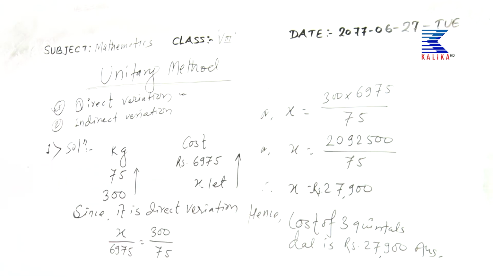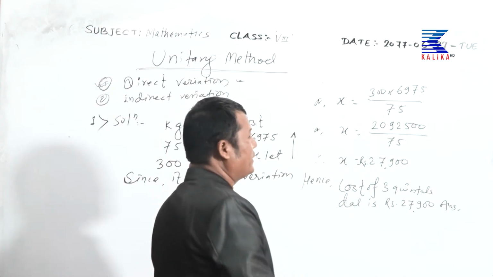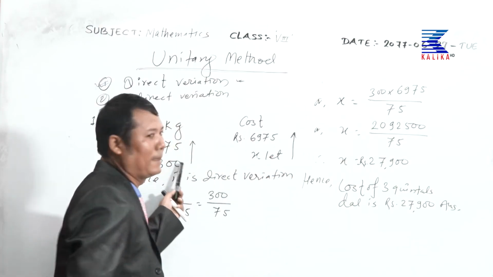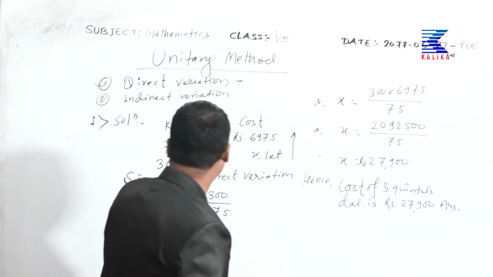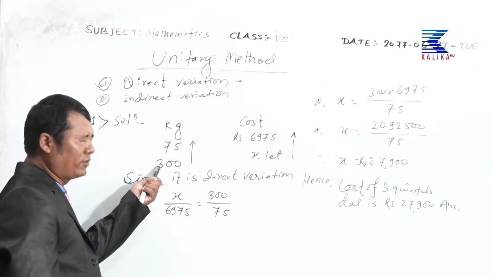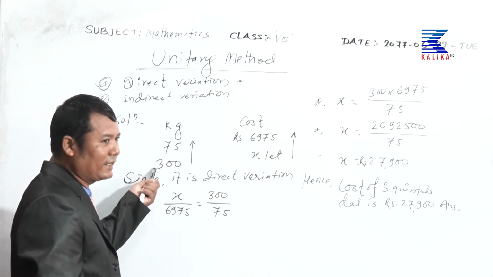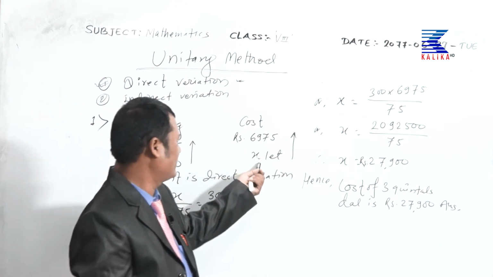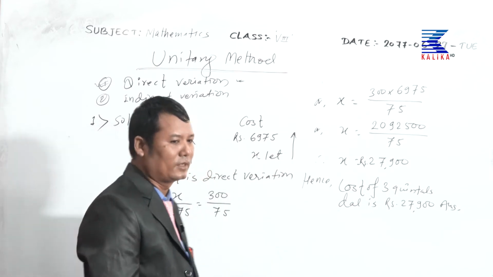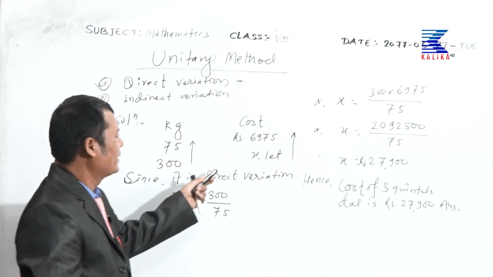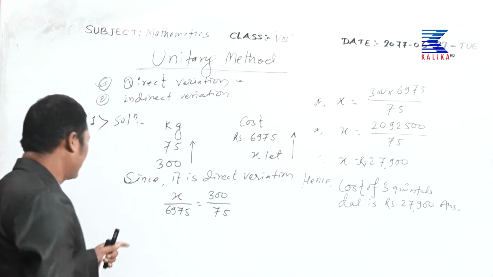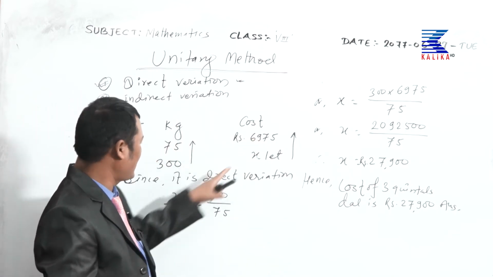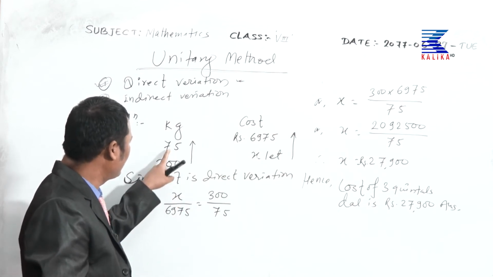Here kg is 75 and cost is 6975, and the cost of 3 quintals means 300 kg and cost is x. Since it is direct variation, x upon 6975 is equal to 300 upon 75.